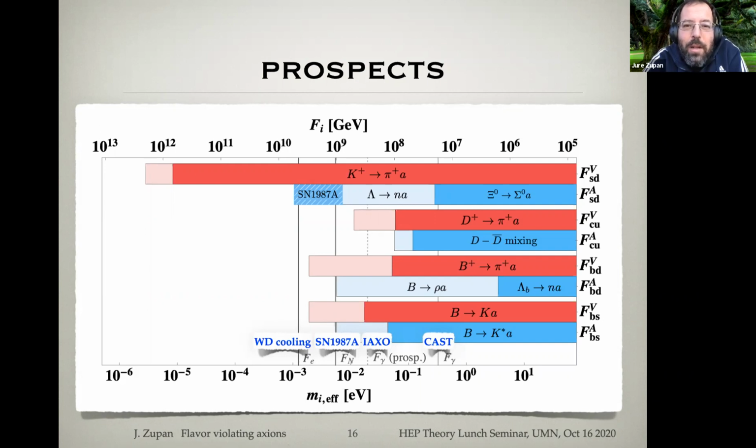I don't remember the exact numbers. So this would be much less constraining, just because you're paying the price from the W exchange, which suppresses it significantly compared to this.